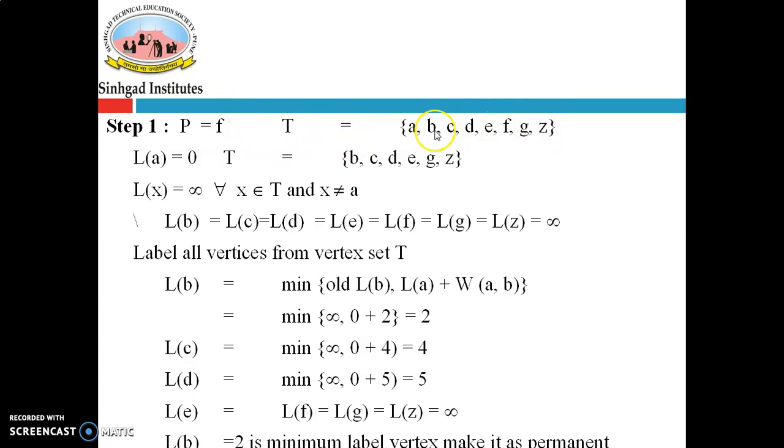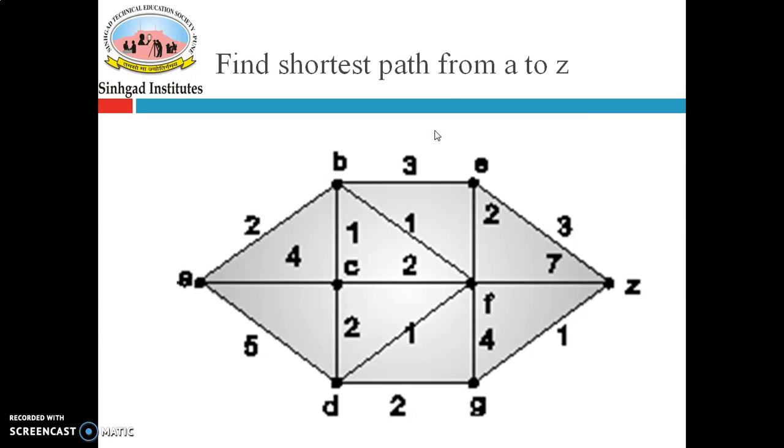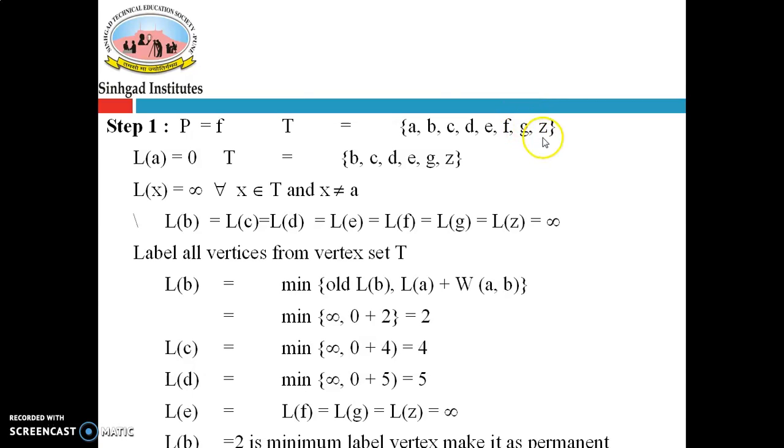T is all the vertices of the given graph, that is A, B, C, D, E, F, G, Z. Initially LA we made 0 and removed that vertex from the vertex set T. All other vertices' labels we gave as infinity, for all x belonging to T and x not equal to A. So LB, LC, LD, LE, LF, LG, LZ will be infinity.